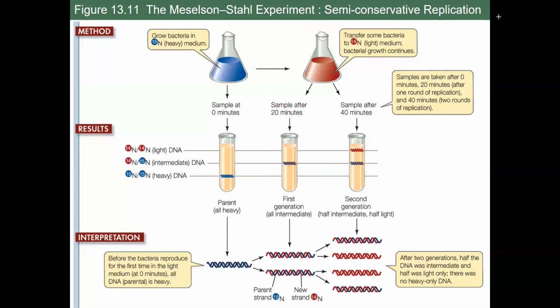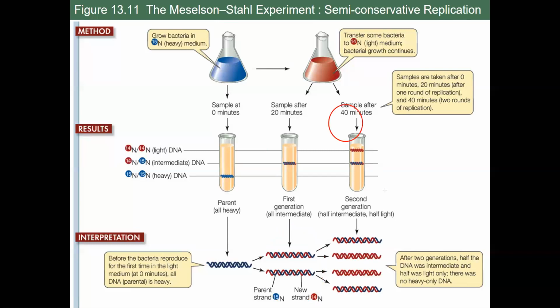All of the DNA included one strand of heavy DNA from the original template, and its complement was nitrogen-14, which was slightly lighter. They took that same generation of bacteria and kept them in nitrogen-14 for another round of replication.